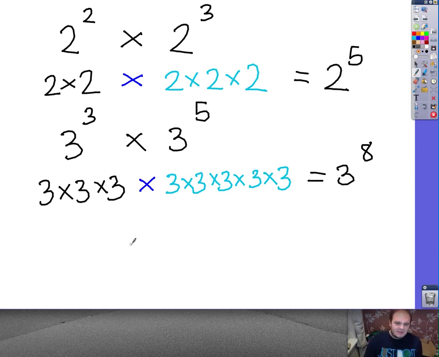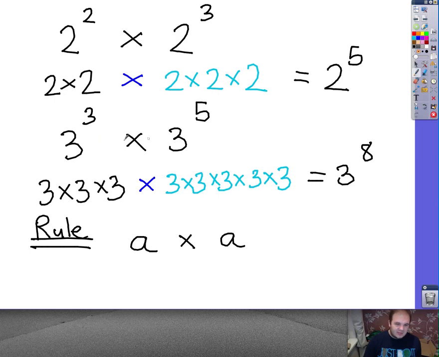Which brings us to our first rule when we're working with indices, which is if we have a number, let's call it A, so we're making a general rule now. On all these examples, we did 2 to the power whatever times 2 to the power whatever, 3, 3.